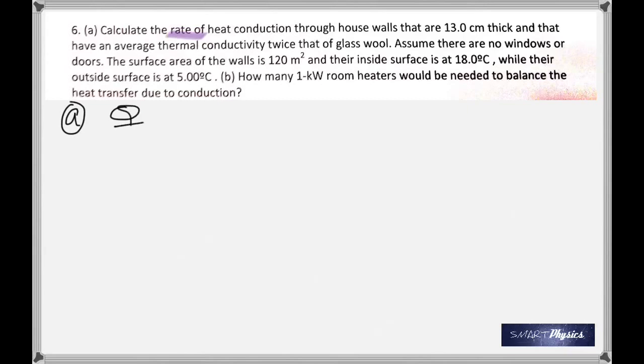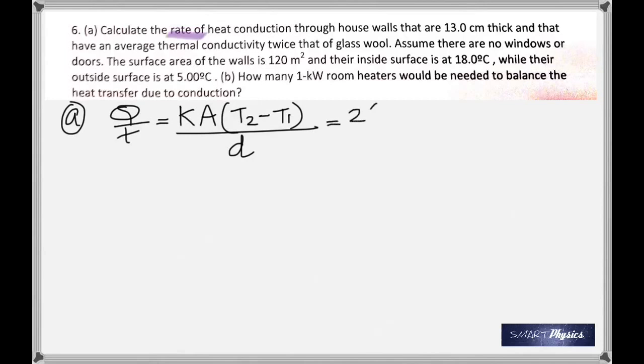Okay, the formula for conduction is Q by T equals K A (T2 minus T1) by D. Q is the quantity of heat conducted, T is time in seconds, K is thermal conductivity, a constant for each material, A is the surface area, T2 and T1 are the temperatures, again bigger minus the smaller, and D is the thickness of the wall in this case.